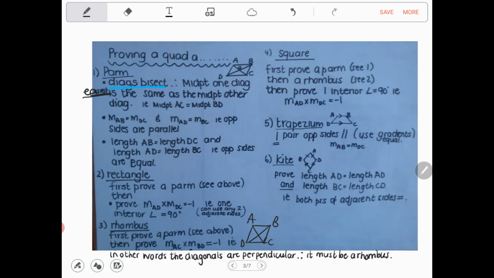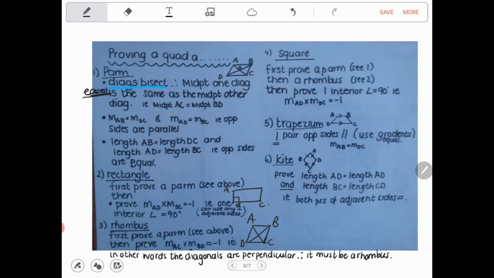If you wanted to prove that something was a rectangle, you would first have to prove it was a parallelogram, by choosing one of the above, but probably the fact that the diagonals bisect, and then prove that one interior angle is equal to 90 degrees. So a parallelogram with one interior angle equal to 90 is a rectangle.